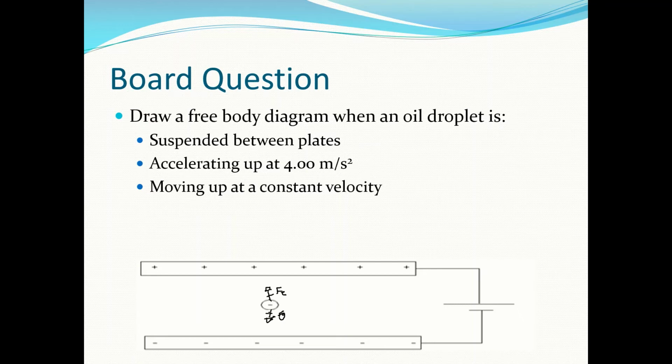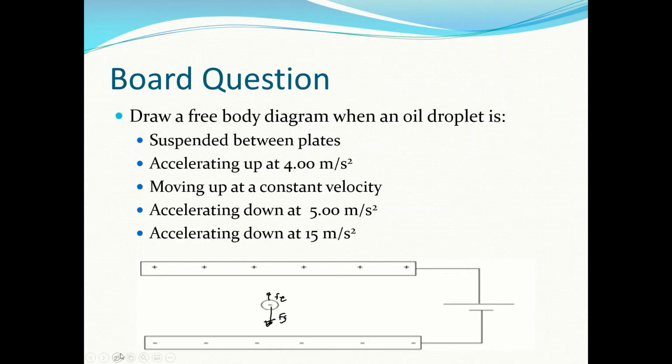No net force, no acceleration, constant velocity, exact same free body diagram as suspended between the plates. And then this one here, accelerating down at 5 meters per second squared. So our gravity is down, and our electric is up, but our force of gravity is bigger than our electric. Okay, and then we got one more.